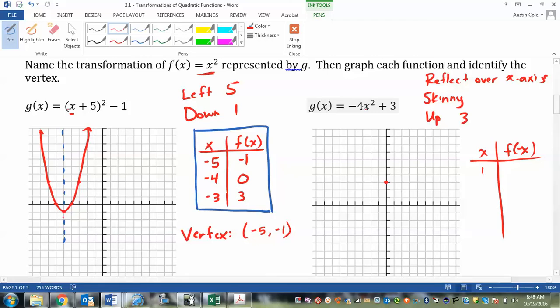We square, right? Please excuse parentheses, exponents. Okay, so what's 1 squared? 1. What's 1 times -4? -4 plus 3 is -1. So when I plug in 1, I get -1. So here we go. 1, -1 is on the graph.